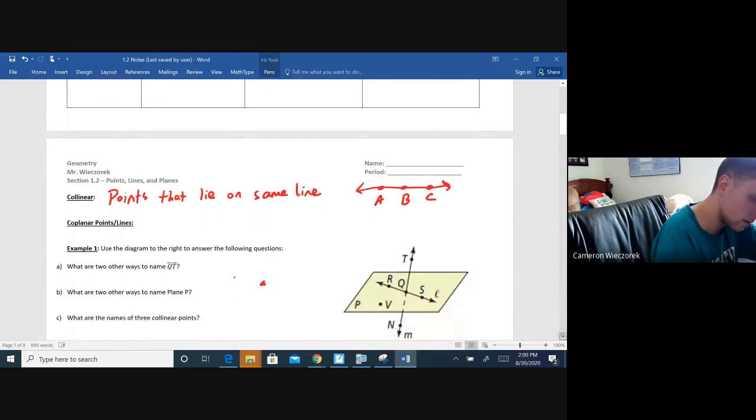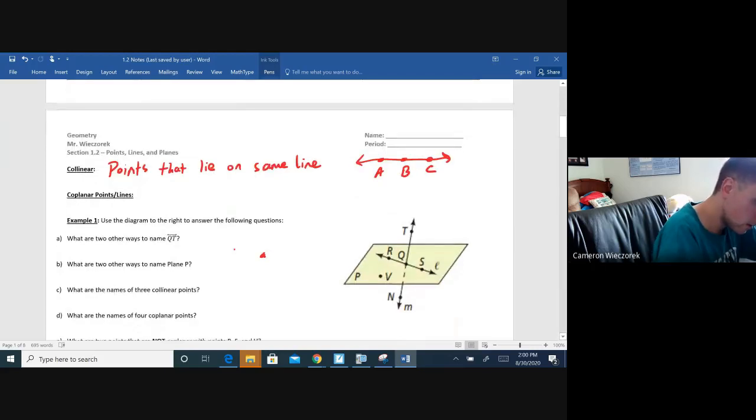Coplanar, we are talking about points, or in this case, it could also be lines that lie in the same plane. So for example, here's my plane.